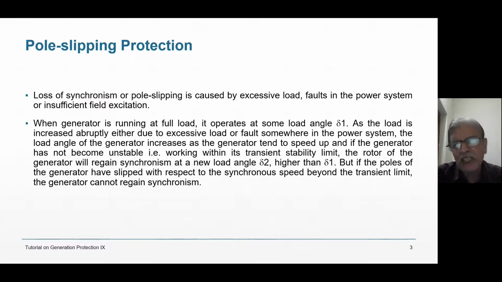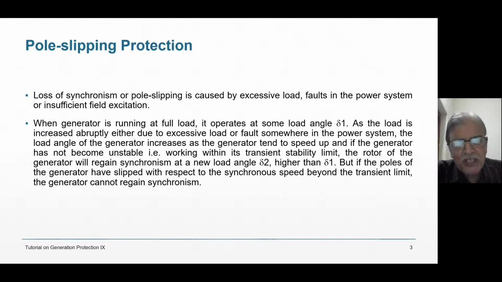This asynchronously working generator can take it for a certain time. That is known as the transient stability limit, that you might have learned in BE classes, in stability classes, equal area criterion and many other criteria. There are many other theories which decide for how much time the generator can work in asynchronous condition, out of step.